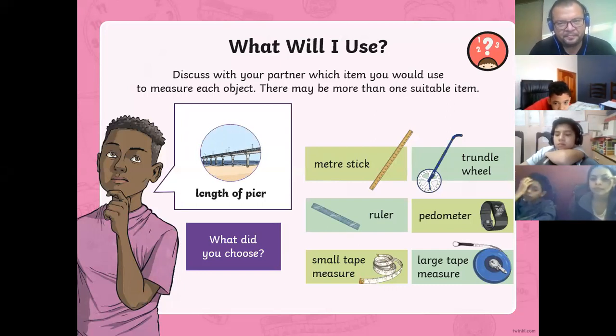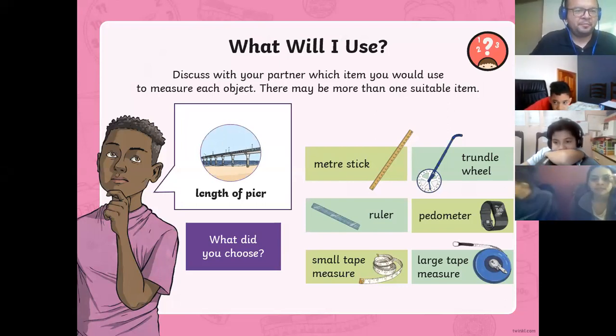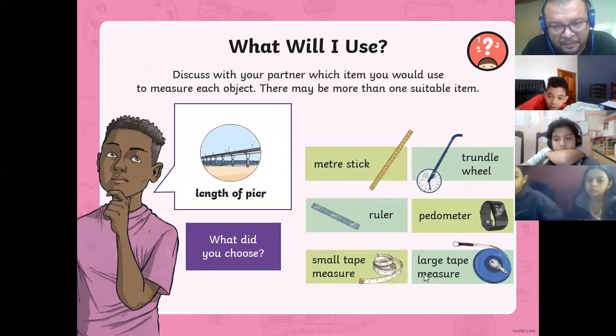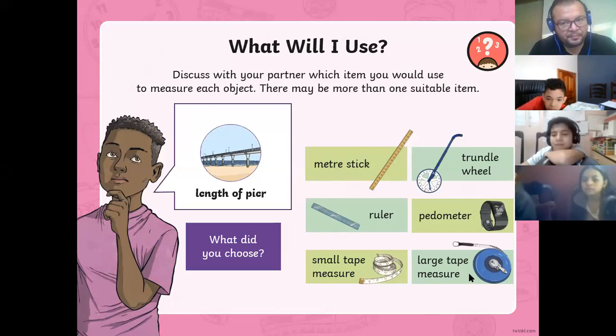Oh, I don't know what a pedometer is. It measures your heart, the way you breathe. The pressure of your body, right? That is a pedometer. Could be a large tape measure, or a trundle wheel could be also.